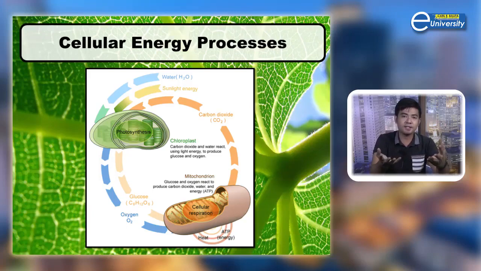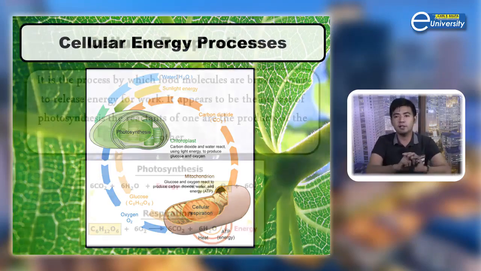While the other process called cellular respiration is a form of catabolism. When we say catabolism, that is the breaking down of molecules to produce energy. Cellular respiration is the opposite of photosynthesis. Why? Because in cellular respiration, glucose serves as the raw material and it will be broken down to produce ATP, which is the opposite process of photosynthesis.